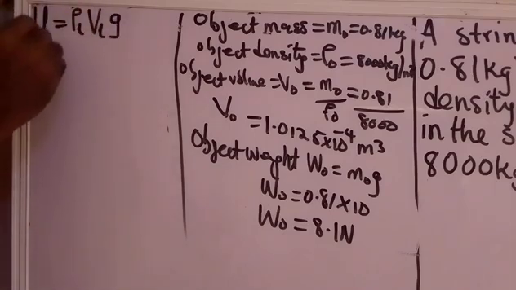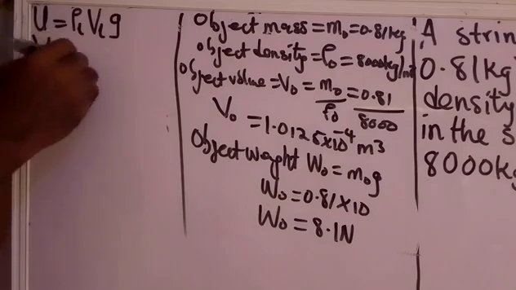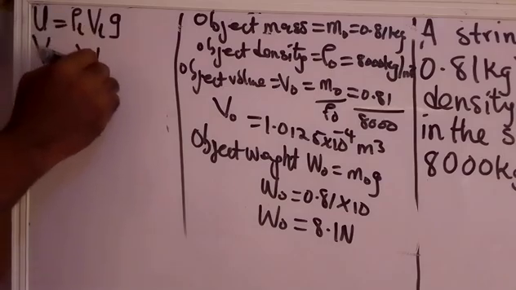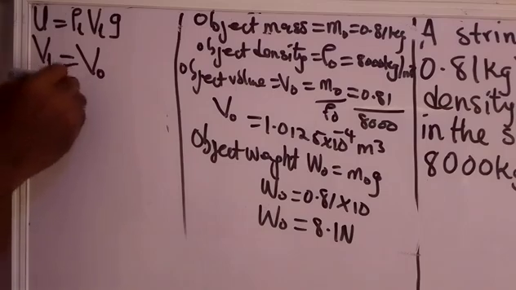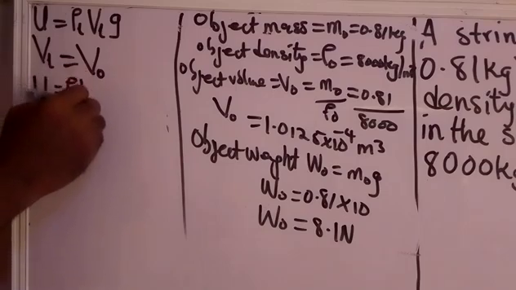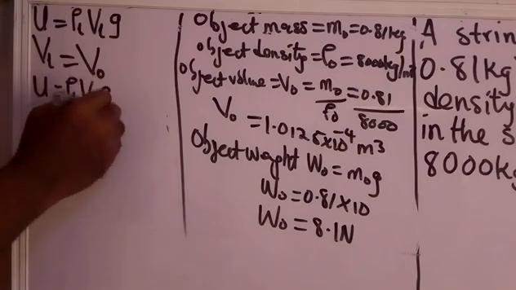But if you don't have the volume of liquid displaced, know that it is the same thing as volume of the object that was immersed, because for a law of flotation to hold, the object must displace its own volume. So we can say upthrust is density of liquid, volume of object immersed multiplied by gravity.